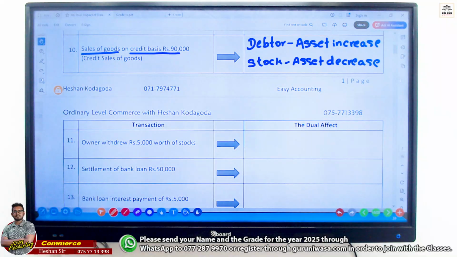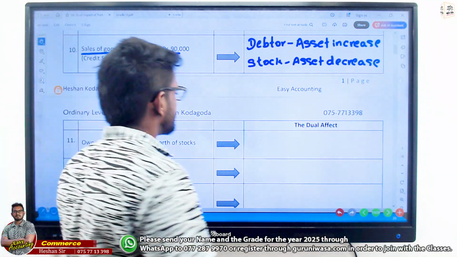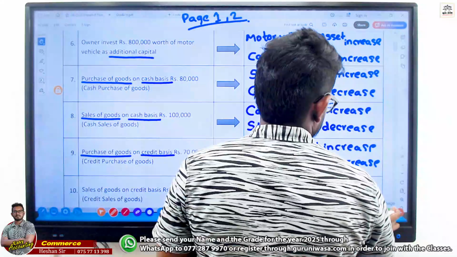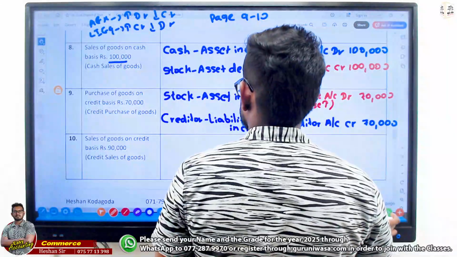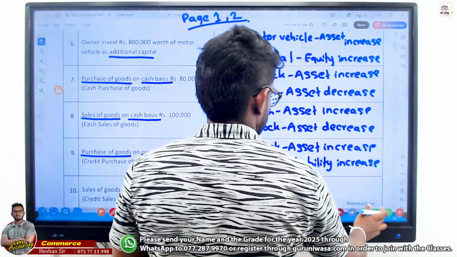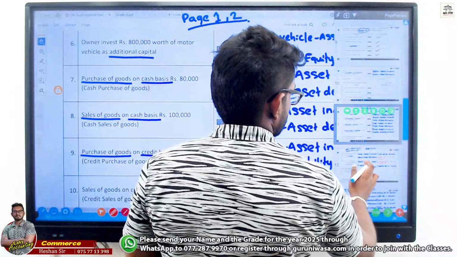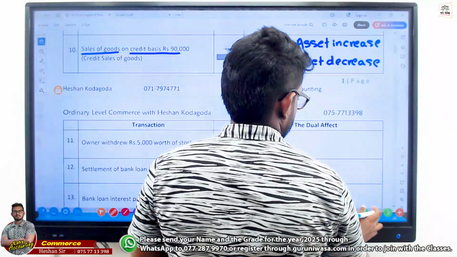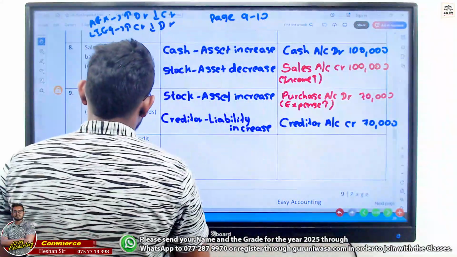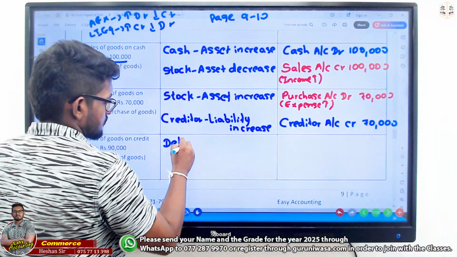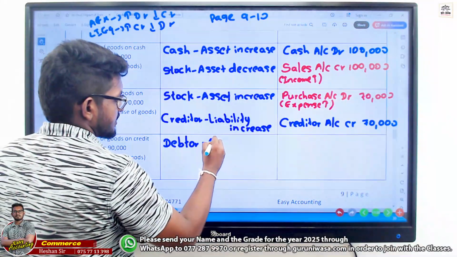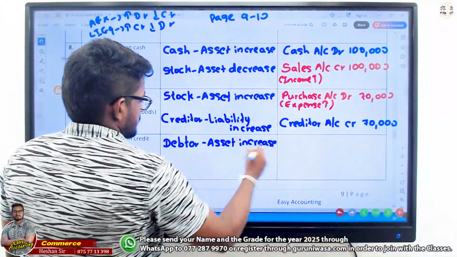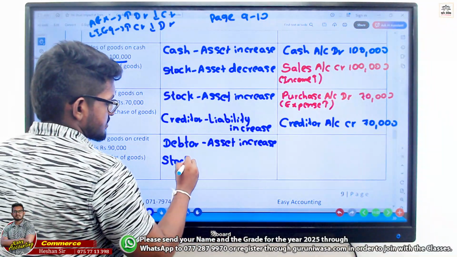Write the same thing in here. Debtor asset increase. Stock asset decrease.